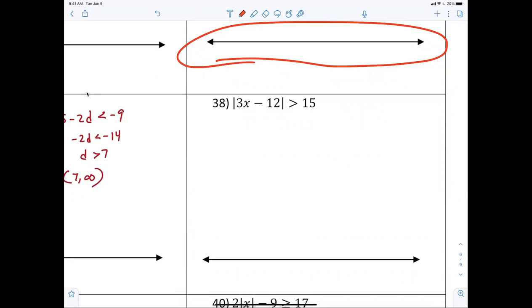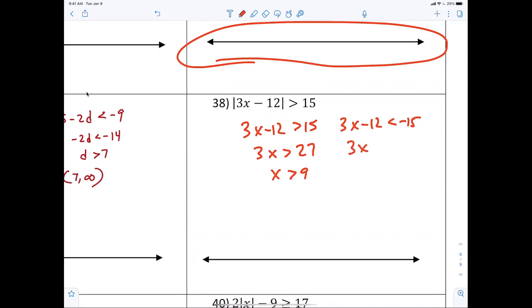All right, so now here we go. 3x minus 12 greater than 15. 3x minus 12 less than -15. Adding 12, 3x greater than 27, x is greater than 9. 3x less than -3, x is less than -1.